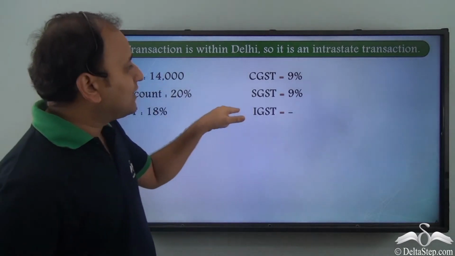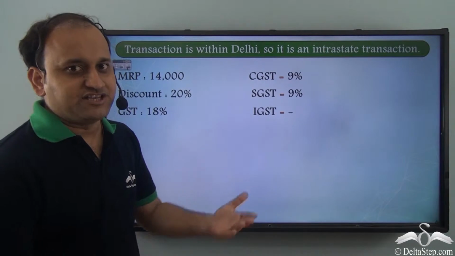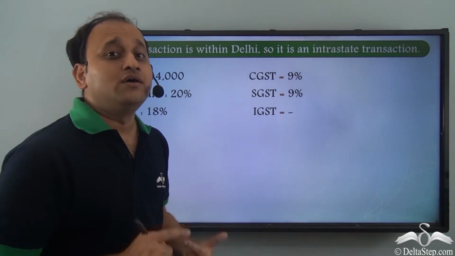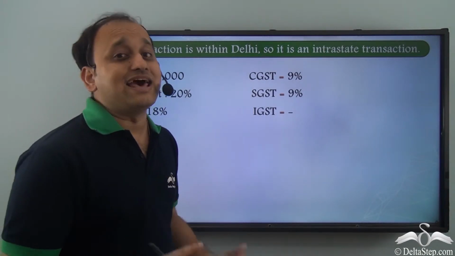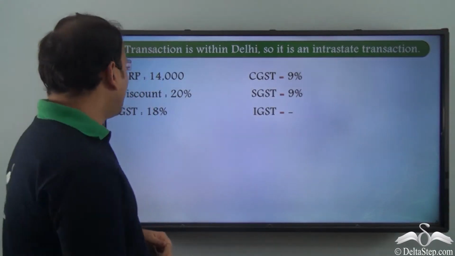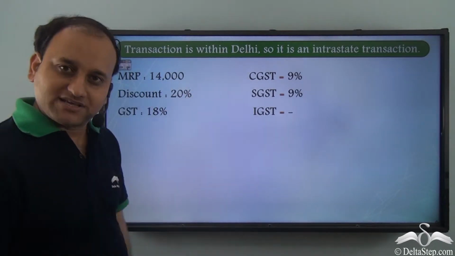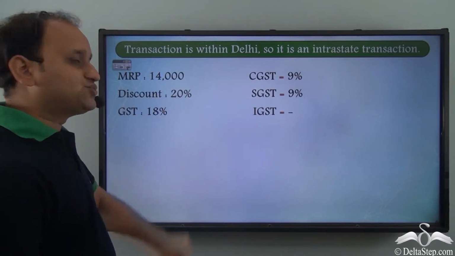Now, in order to calculate these values, what do we need? Well, GST is always calculated on SP, that is selling price. So we need to calculate selling price first. Now we have MRP which is 14,000, which is the list price, and we have discount that is 20%.